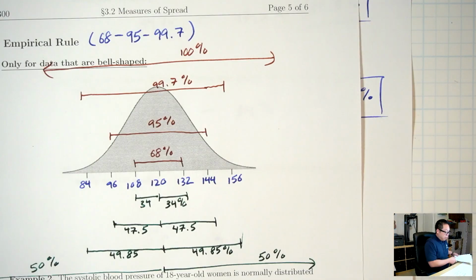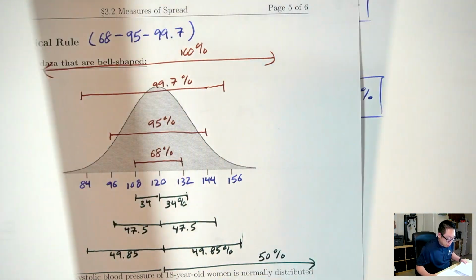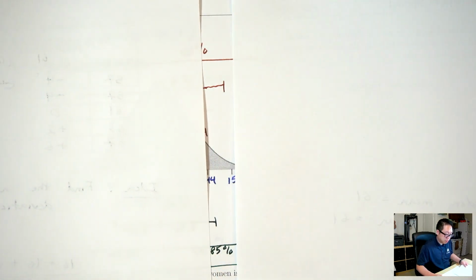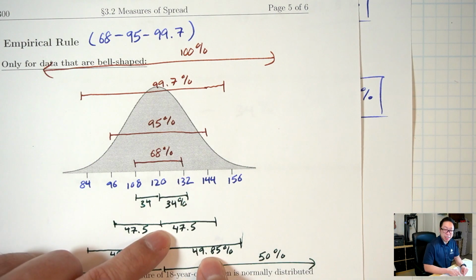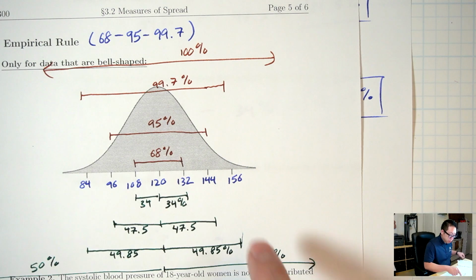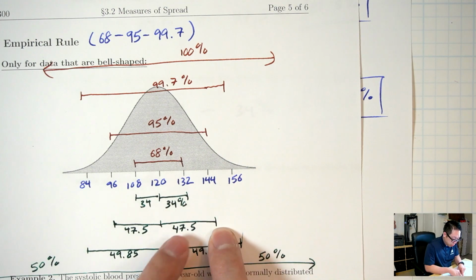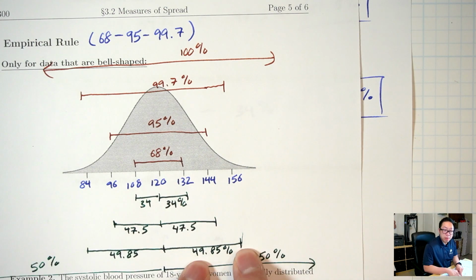But also think about it, 144 to 156, that's a really small piece. Definitely I should be subtracting, because I'm expecting a really small answer. If we added those, you'd get like 90-something percent. Definitely wrong. So we said it should involve 47.5 and the 49.85, and because we're expecting a small answer, we should subtract.